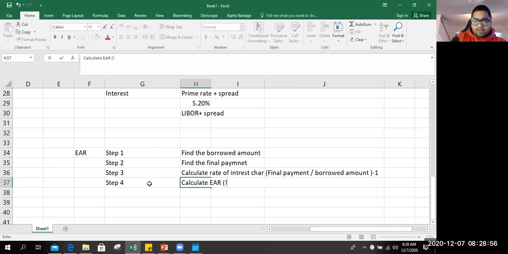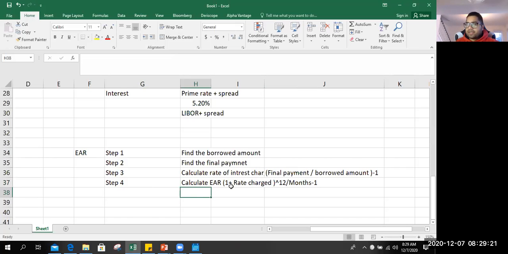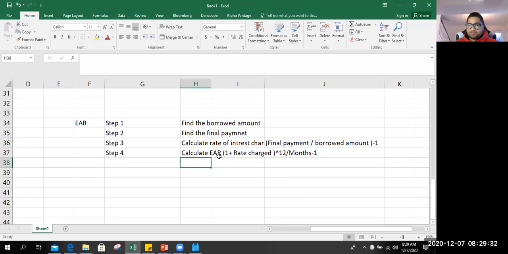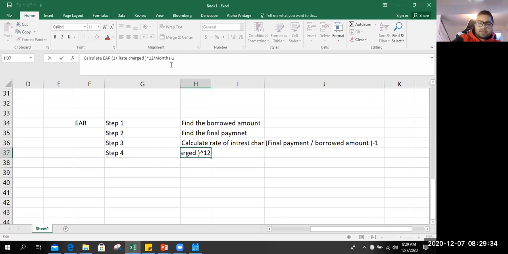That is 1 plus rate charged, to the power 12 divided by the number of months the rate was charged for, minus 1. So the effective annual rate is calculated as 1 plus rate charged, that is step 3, to the power 12 divided by months, minus 1. And I'll put this in brackets.